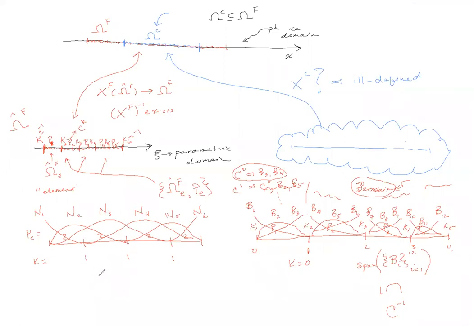So the span of N_A, A equal 1 to 6, is going to be a subset of what? If this is a subset of C minus 1 and K is equal to 1 everywhere here, what should this be a subset of?